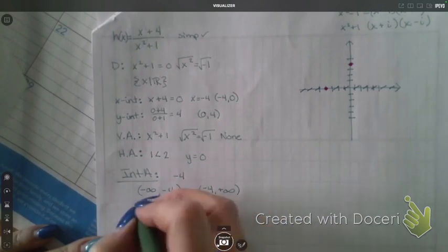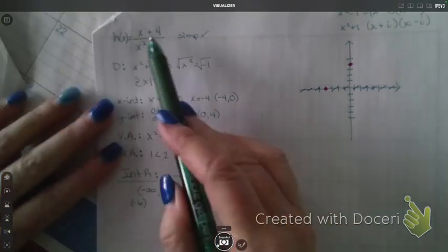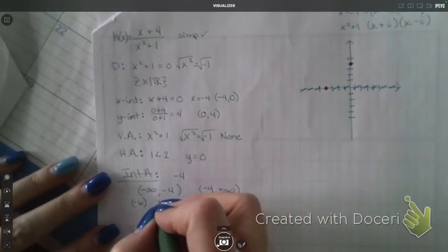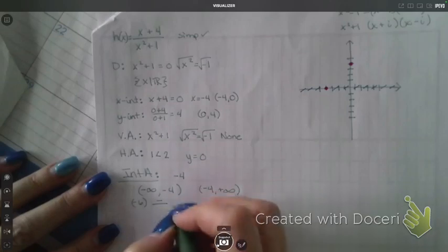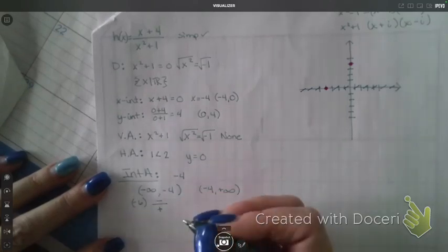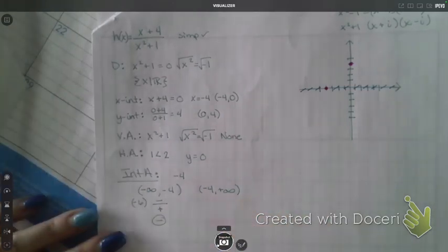Okay, so -6. If I put -6 in the numerator, positive or negative? Negative. -6 in the denominator? Positive, because you're squaring it, right? So it's negative. Okay, so it's down here.